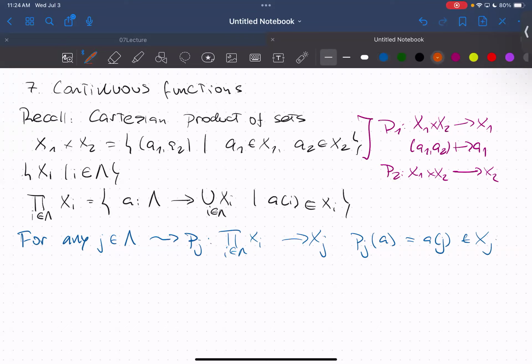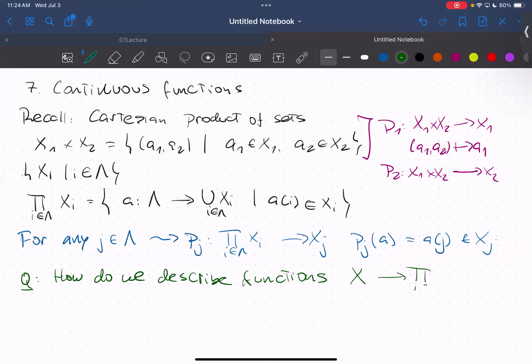I'm saying this because I want to address this question: how do we describe functions landing into the Cartesian product from some set x? For example, in the case of just x1, x2, if you want to describe a function from some set x to x1 cross x2, you take some x here.